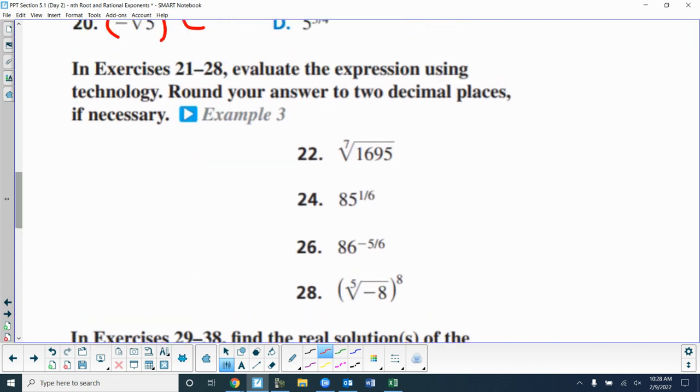It says use technology, round your answers. All right, so I'll just read those off real quick instead of punching them in. That should not have been a problem, right? This was 235, right? Yeah.